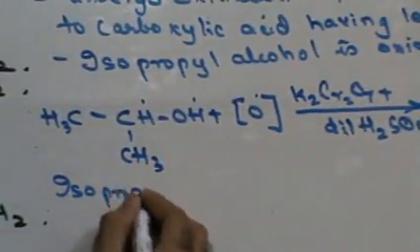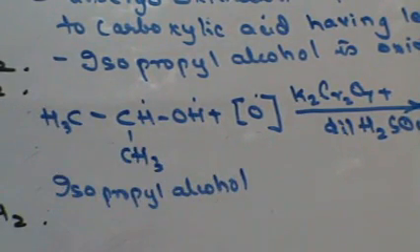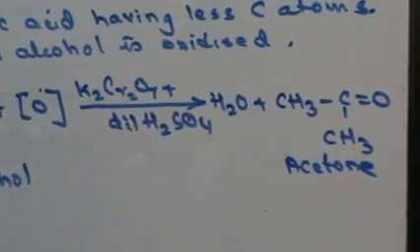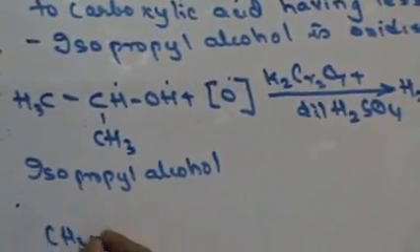This was isopropyl alcohol. It undergoes oxidation to form acetone, right? Now the acetone so formed, CH3C(=O)CH3, undergoes further oxidation in the presence of chromium oxide.